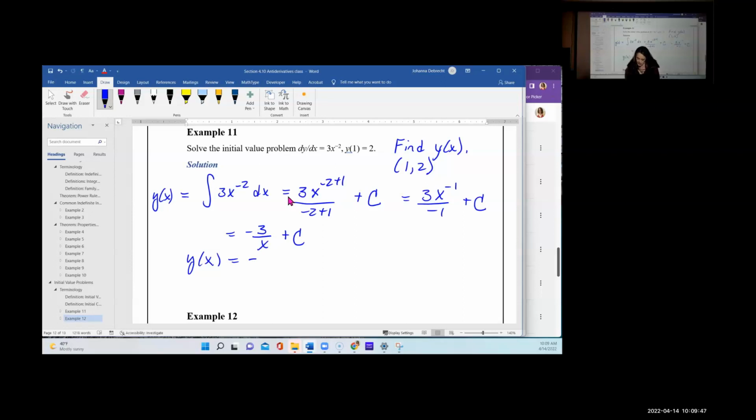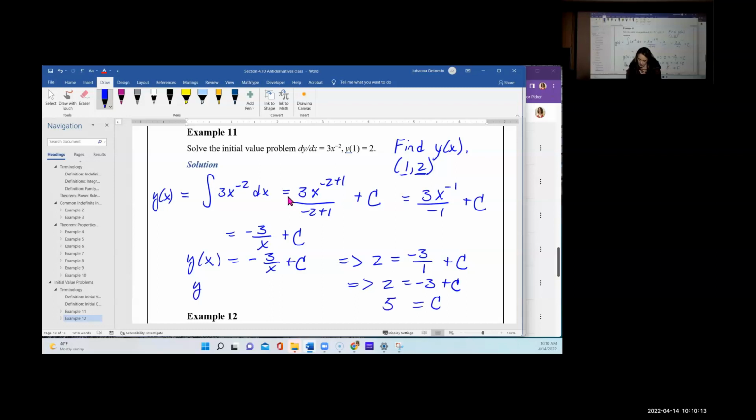So we have y of x is negative 3 over x plus c. And then we know that the y value is 2 when x is 1. So from here, we say the y value 2 is equal to negative 3 over 1 plus a constant. And that tells us that 2 equals negative 3 plus c, or c is equal to 5.